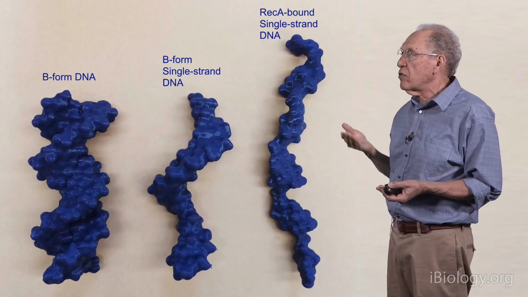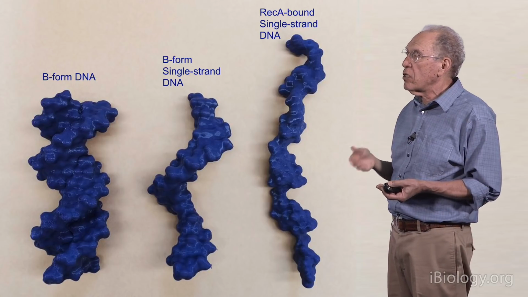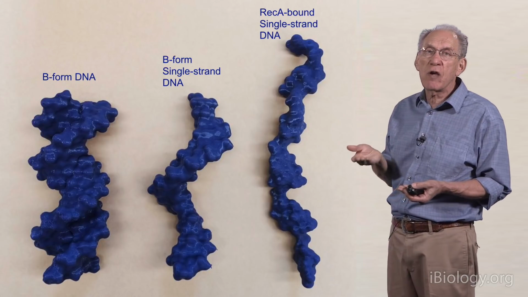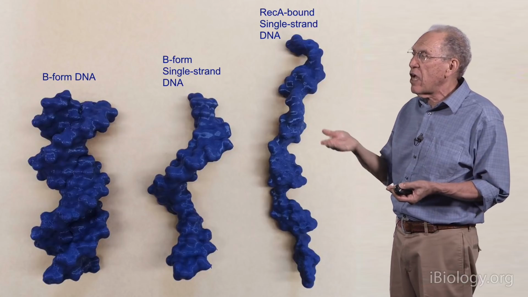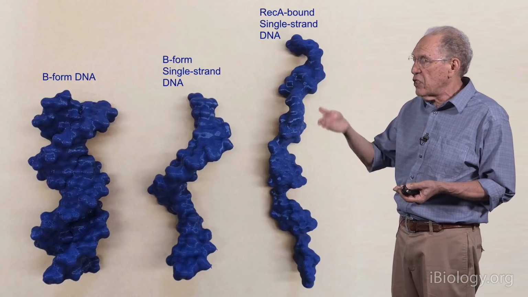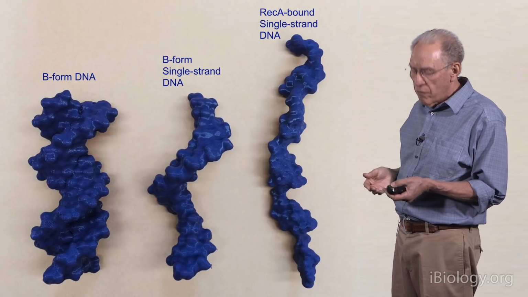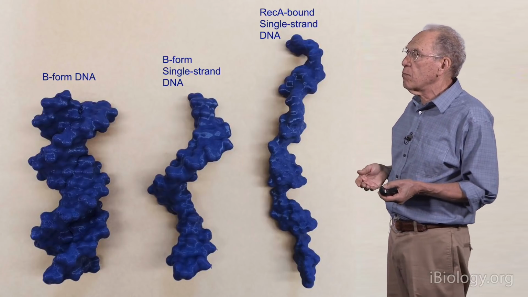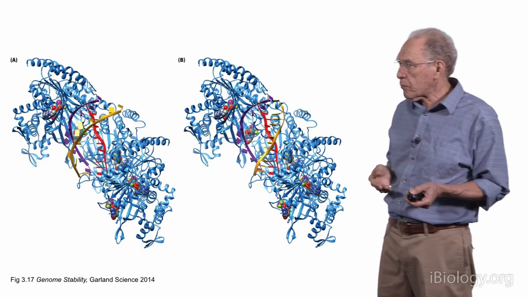This has led to the understanding that the searching for homology and the mechanism by which the strands are actually being exchanged is done somehow in groups of 3 inside each one of these subunits of the recombination protein filament.